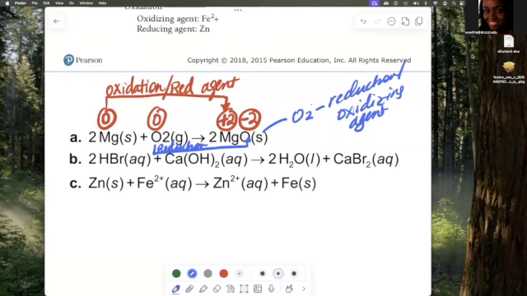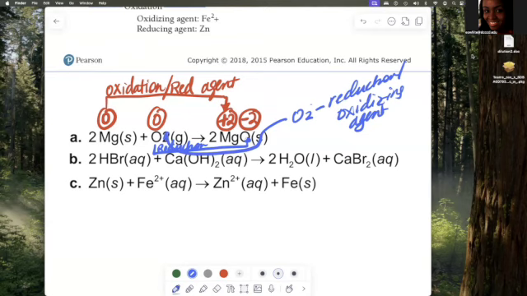Okay? That's how it goes. And remember, these questions are asking you about what's going on with the reactant, not the product. So really, this should be talking about that oxygen, not this oxygen here. Okay? We're talking about the reactants.